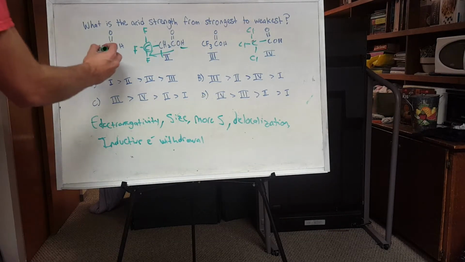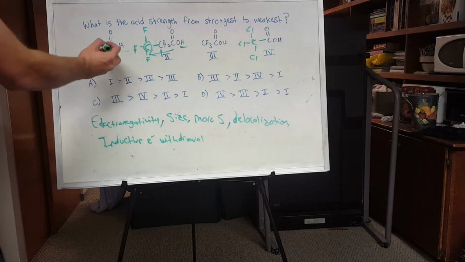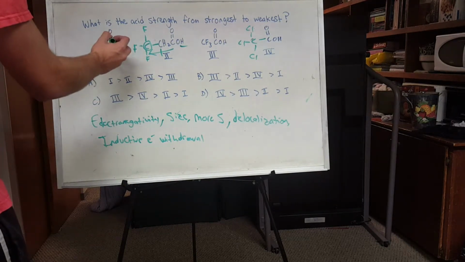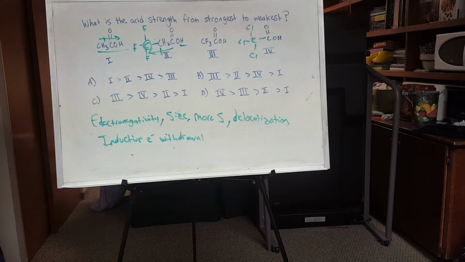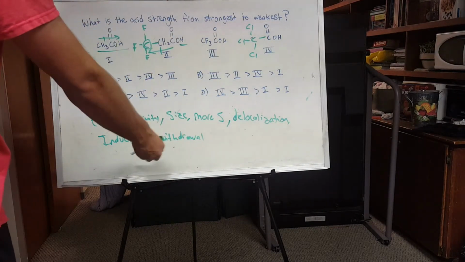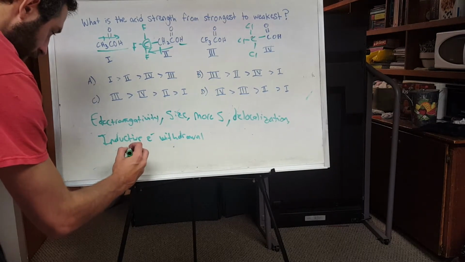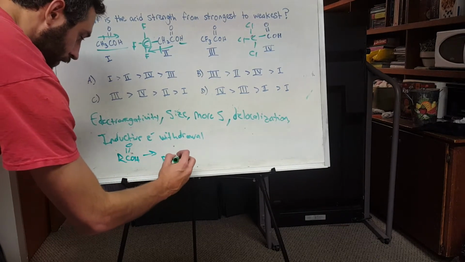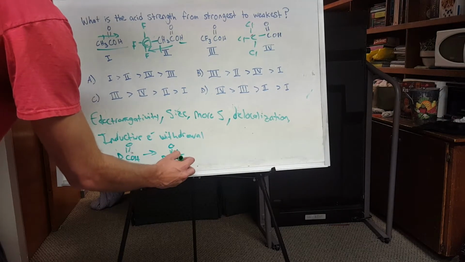Okay? And then this one, there is no inductive electron withdrawal because these are relatively nonpolar bonds. So the electron density of this compound is just towards the O, right? So what the inductive electron withdrawal does is, if we have a carboxylic acid, RCOOH, and we donate that proton, we get RCOO minus, so now there's a full minus charge on this oxygen.